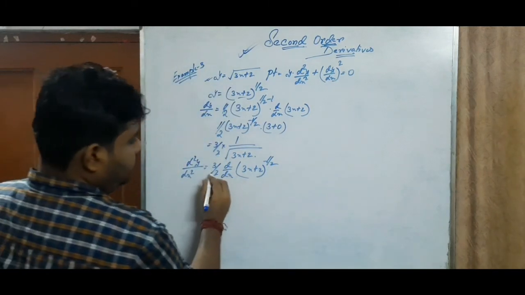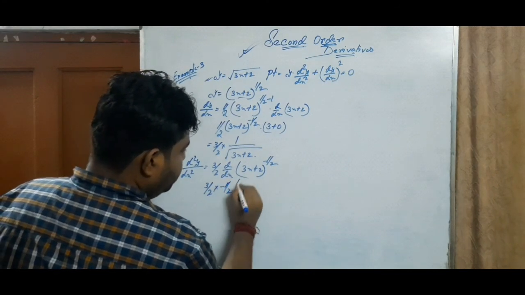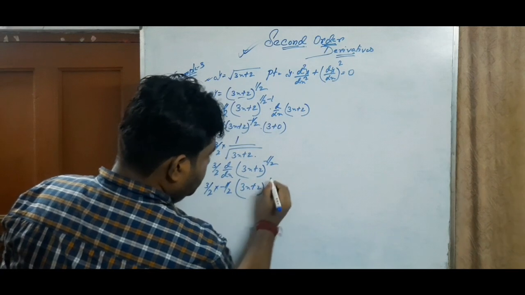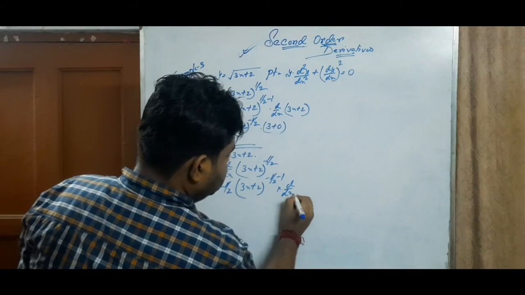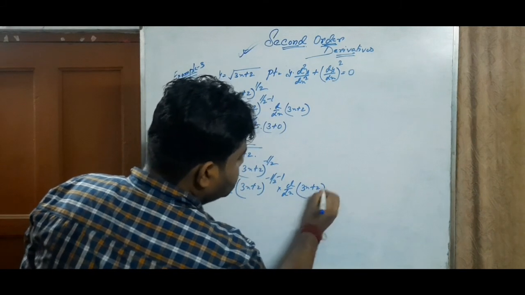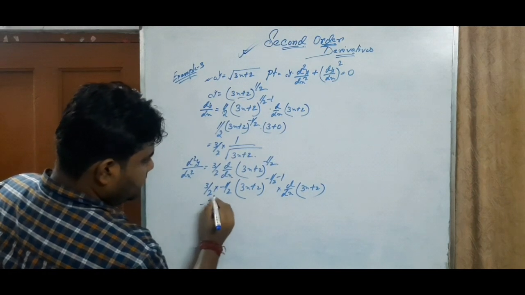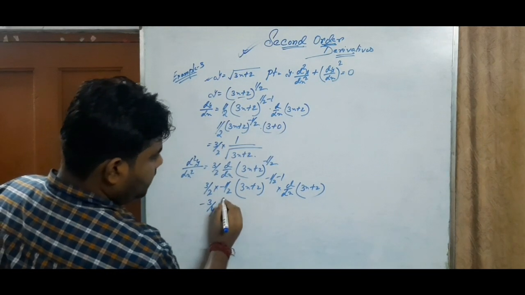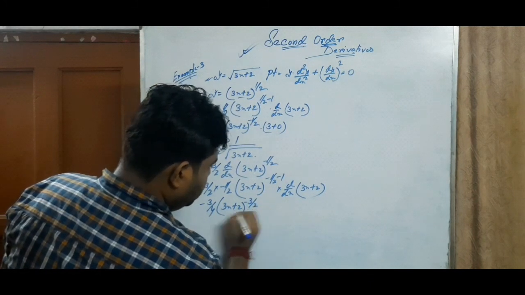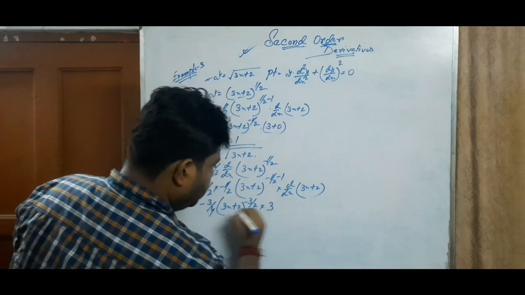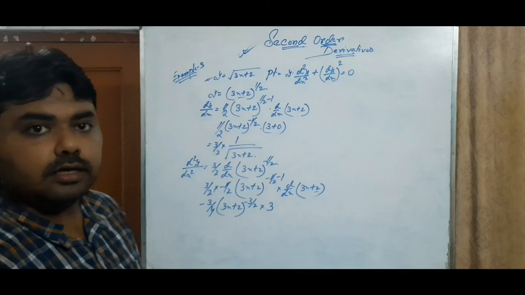Okay, now plain and simple, that is minus half 3x plus 2 to the power minus half minus 1 into again ddx of 3x plus 2. Now that is minus of 3 by 4 3x plus 2 whole to the power minus 3 by 2 into 3. That is 2 is constant, ddx of constant will be 0.